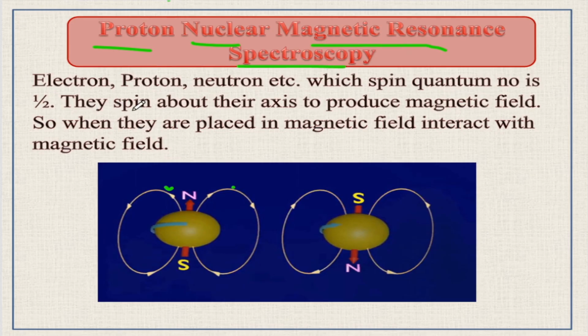They spin about their axis to produce a magnetic field. So when they are placed in a magnetic field, they interact with it, behaving like tiny bar magnets. They are attracted or repelled by the magnetic field.